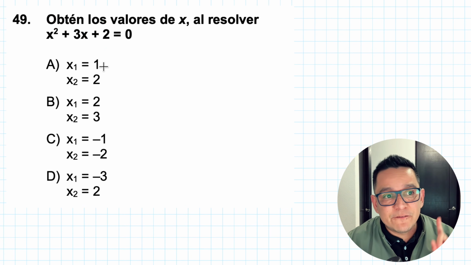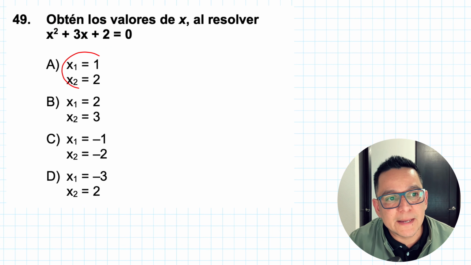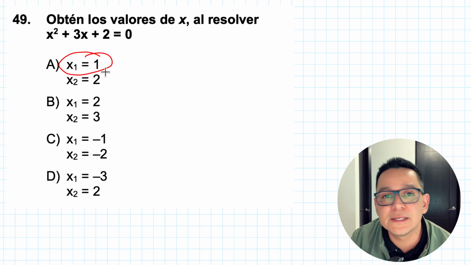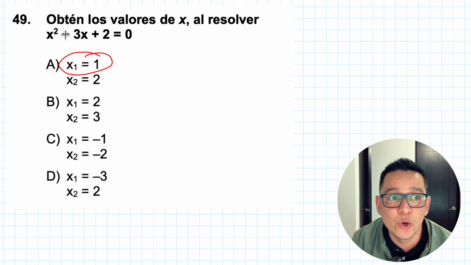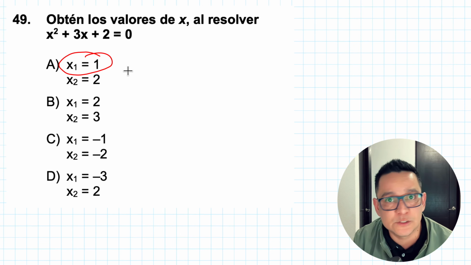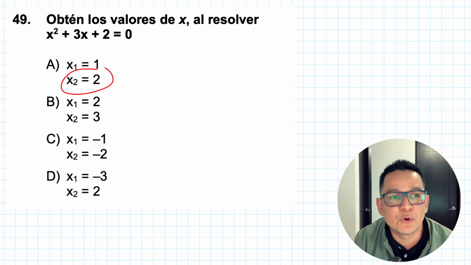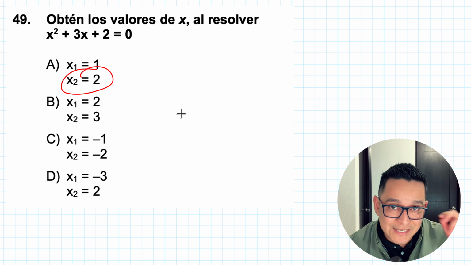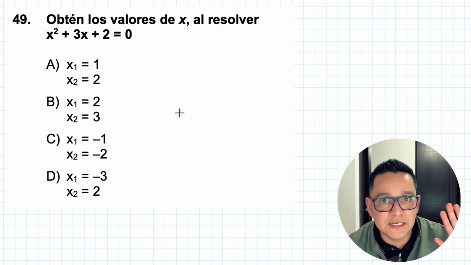So, if you notice, if I substitute, for example, the values that are in part A, if I say, for example, that x is equal to 1, there's no way I can get 0, because I would have 1 plus 3 times 1 plus 2, that doesn't give 0. Obviously, it won't work if I put in a 2 either, because I'm adding positives, so the answers necessarily have to be negative.